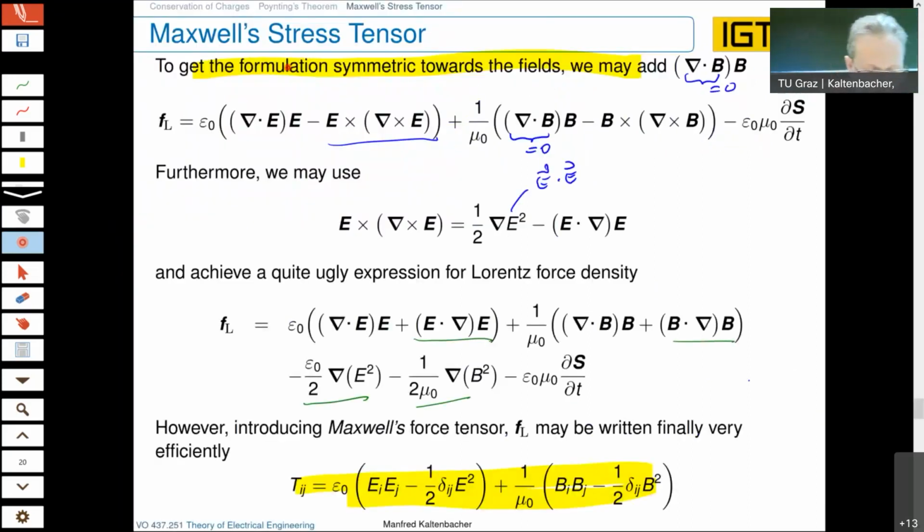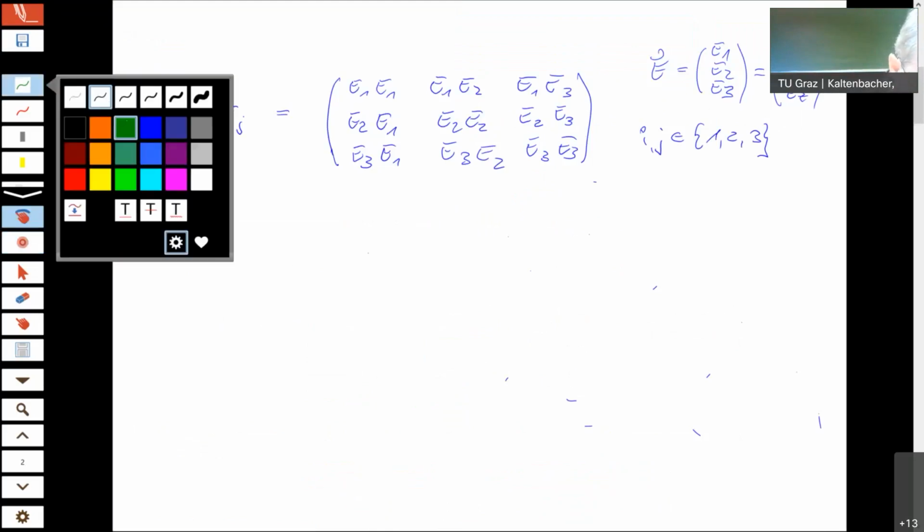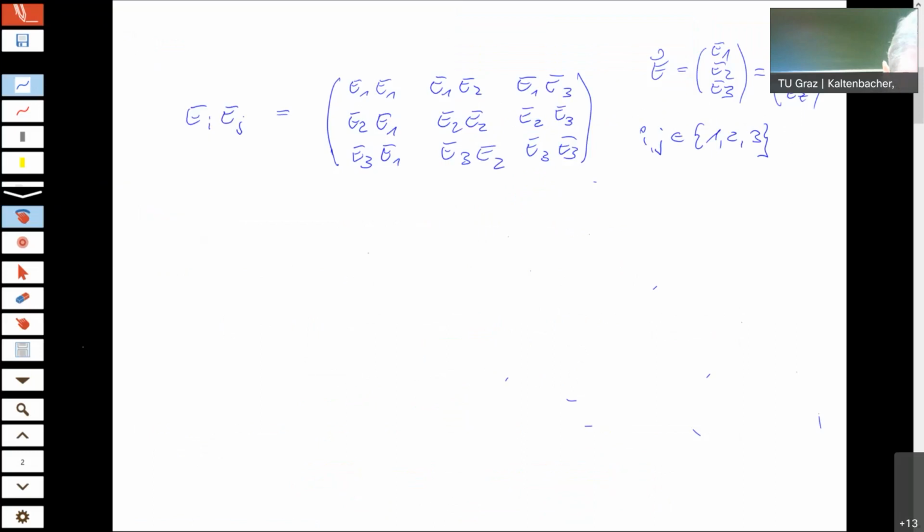Yeah, and here you see what you have to subtract. You have to subtract 1/2 delta ij E squared. We know the delta function is 1 if i is equal to j, and it is 0 if i is different from j. So I also write this down here.